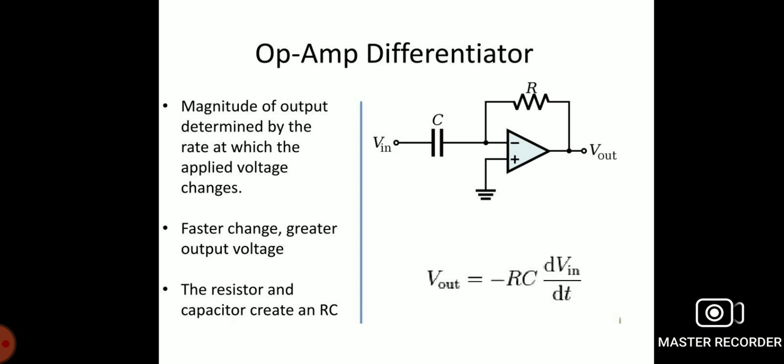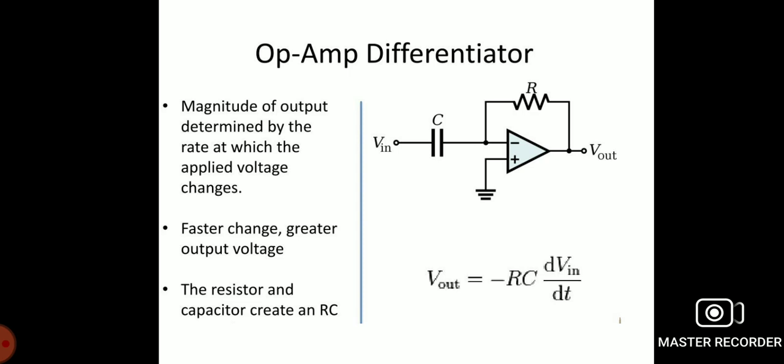The nodal equation at the inverting input terminal is negative of C dVi divided by dt is equal to V naught divided by R. So the output voltage is equal to minus of resistance and capacitance times the derivative of the input voltage, dVi divided by dt.